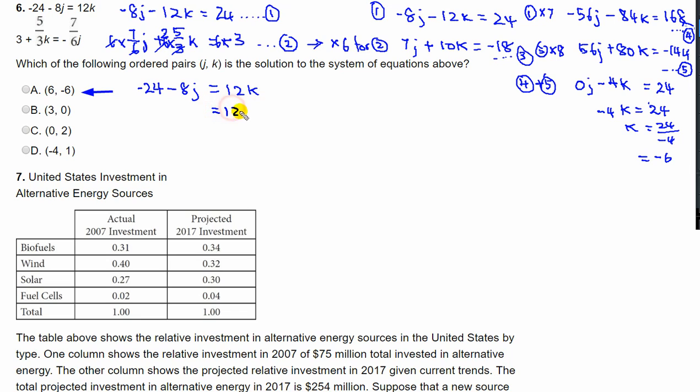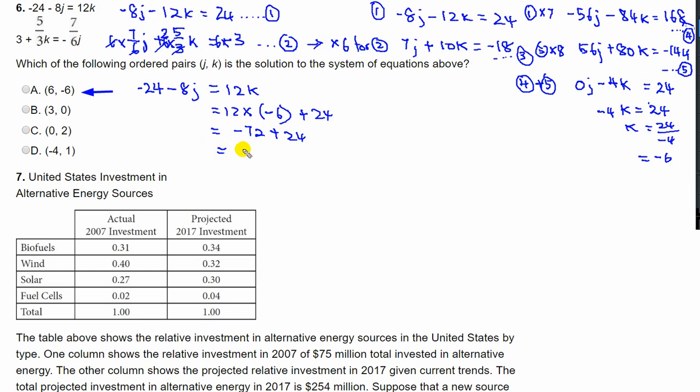Therefore 12 times minus 6. This brought over here becomes plus 24.